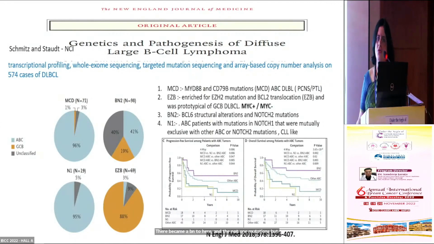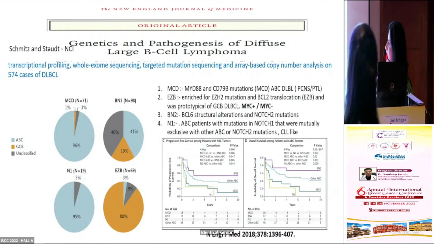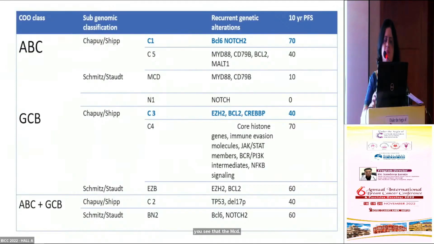Now, the problem was that if you can see that most of the MCD were ABC-like and most of the EZB was germinal center-like. So it told us that there is something beyond ABC and GCB, and there are subgroups within these groups, and they are prognostically significant. Identical, similar prognostic groups were created, but you see that the MCD behaved very badly here, and the BN2 had better survival.